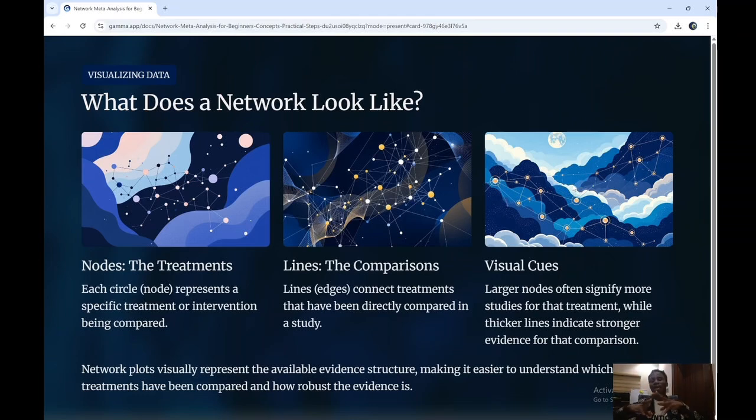So those thicker lines indicate stronger evidence for that comparison. This is just a mental picture that I want you to have based on this particular network image that I have displayed right here. The network plots visually represent the available evidence structure, making it easier to understand which treatments have been compared and how robust this evidence is.